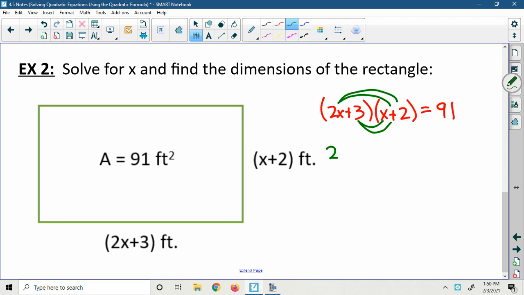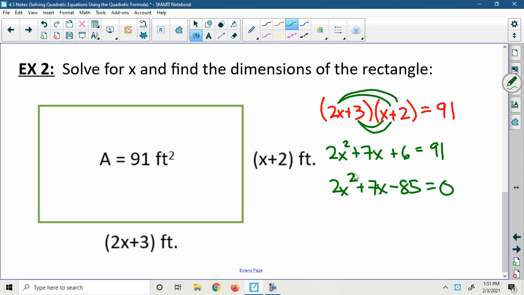So doing a little foiling here, first and outside would be 4x squared, inside would be 3x, so the O and the I part would give me 7x plus 6 equals 91. Now we'll subtract that 91 over to the left side. So 2x squared plus 7x minus 85 is what that would be, equals 0.